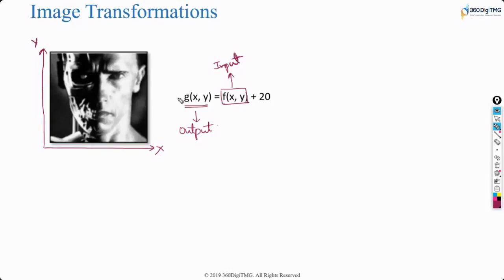For each and every value, meaning each pixel value, if you add 20 to it, what do you think will happen? Please, can you all respond? What do you think will happen if I keep adding 20 to each and every pixel value? I take this pixel value, I take this pixel value. For each and every pixel value, I keep adding a number 20. Then what would happen to the output image?